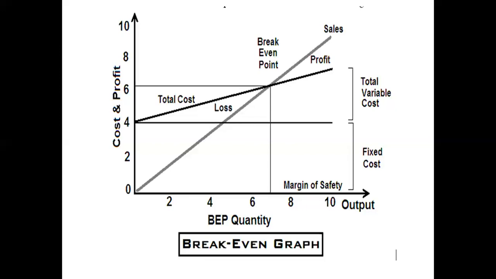It remains constant. Examples of these costs are salaries of the officers, interest on the loans, insurance, depreciation charges, etc. So these charges don't depend upon the production as well as sales. That's why we name it a fixed cost.